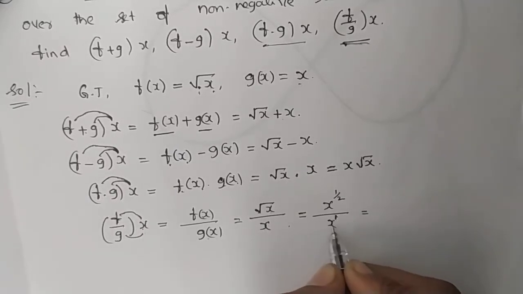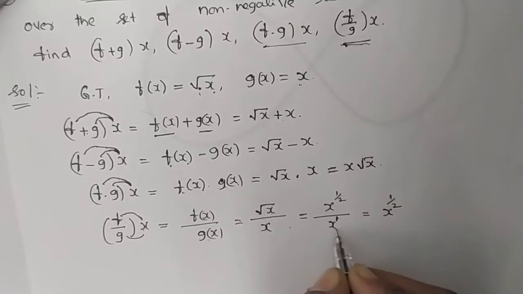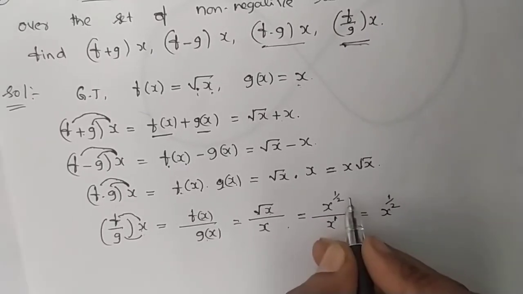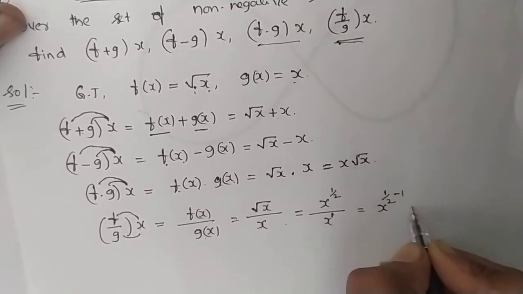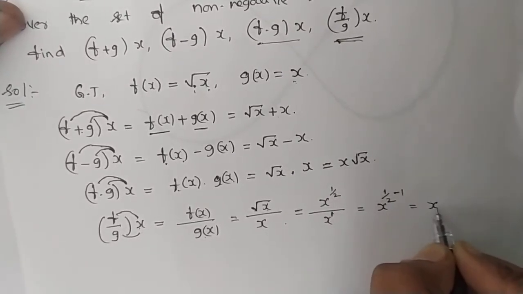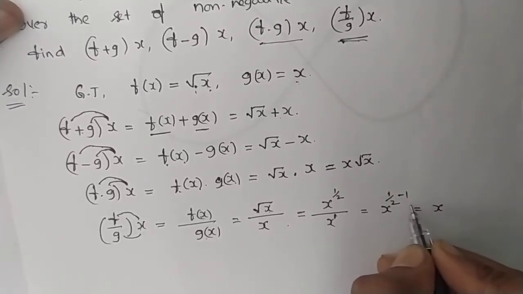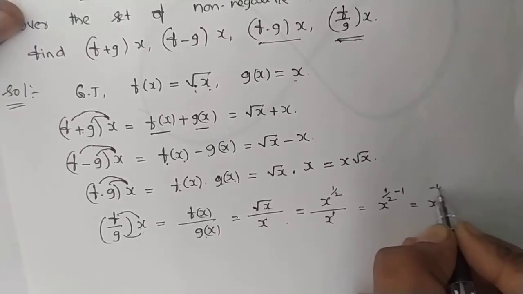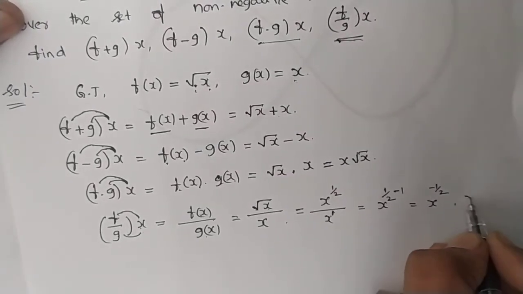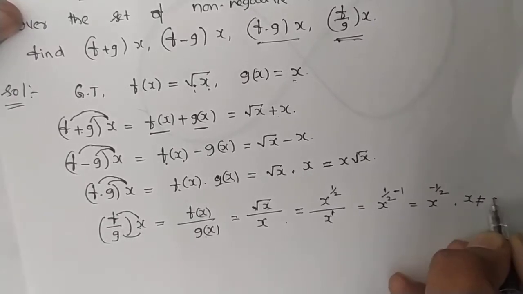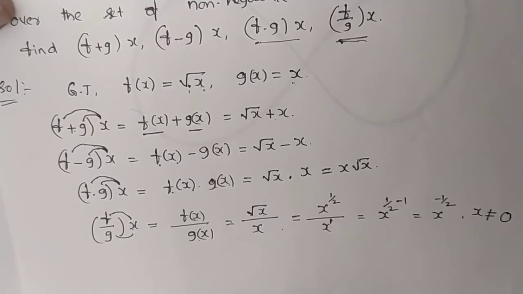Here we have the power 1, x to the power of 1 by 2. If we take this x to the numerator, it becomes x power minus 1. So that equals x to the power of minus 1 by 2, where x should not be equal to 0.